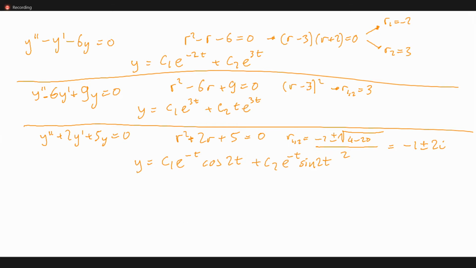And then we have one more, which is a non-homogeneous equation, which is y double prime minus 3y prime plus 2y is equal to x squared.